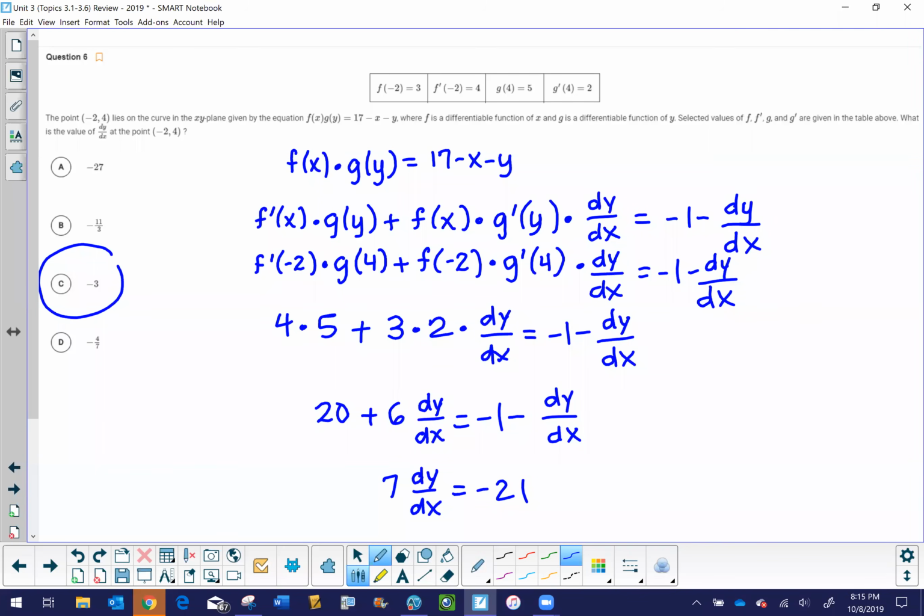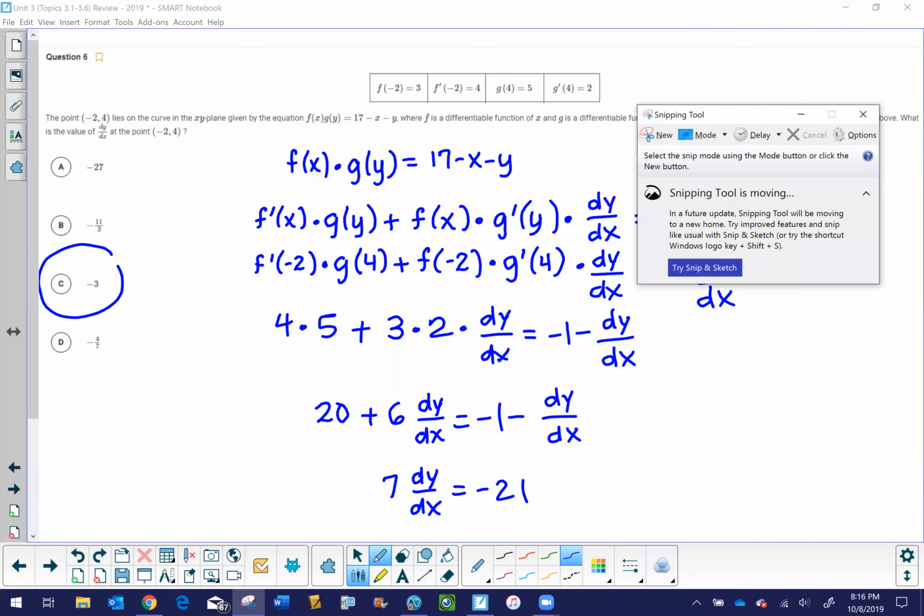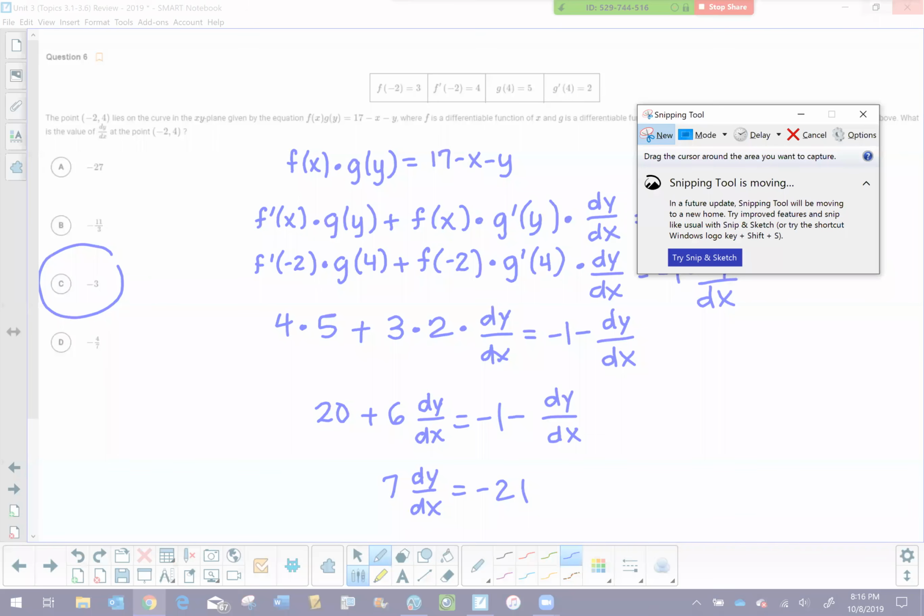So let's take a look at them in order of them being asked. That would take us to number 18. So this is the very last PPC question that you had, not necessarily that we're doing, but the last one that was in the assignments. View, snipping tool, there we go.